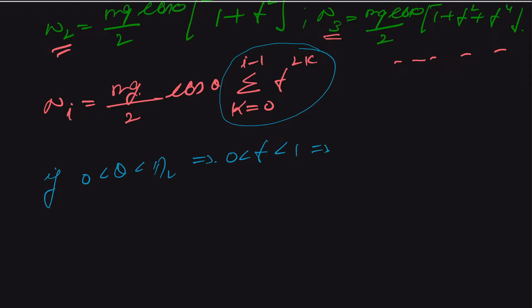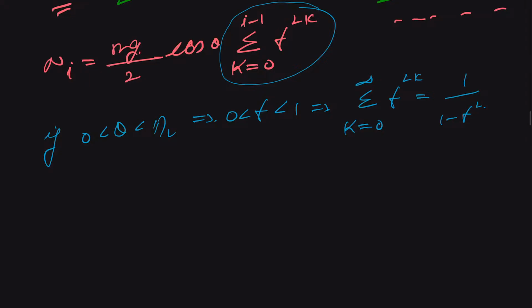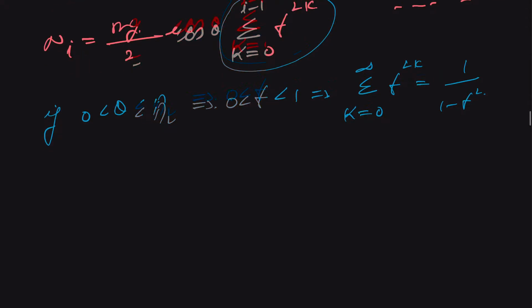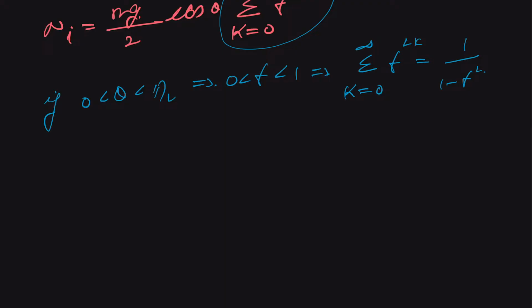Therefore, we can say that our summation k 0 to infinity t raised to power 2k will be equal to 1 upon 1 minus t square. So this is a general expression for this series. Okay. And we have to solve it up to infinity, so we are going to use the limit concept.